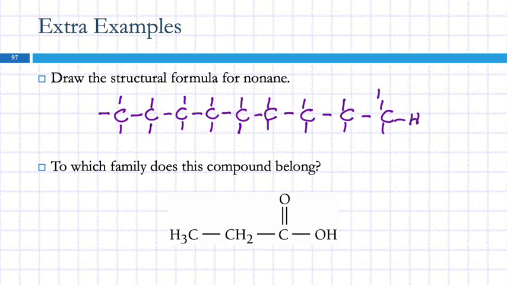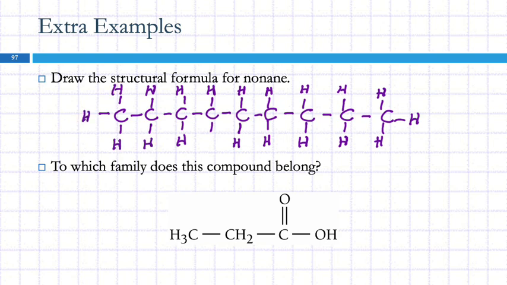And so that's just a heck of a lot of little H's to draw, which is why they've made shortcut ways of drawing organic compounds, but we're not going to talk about them. If I gave you this structure on an exam and gave you multiple choice, you should be able to pick out nonane, because there's 9 carbons and they're all single bonds.